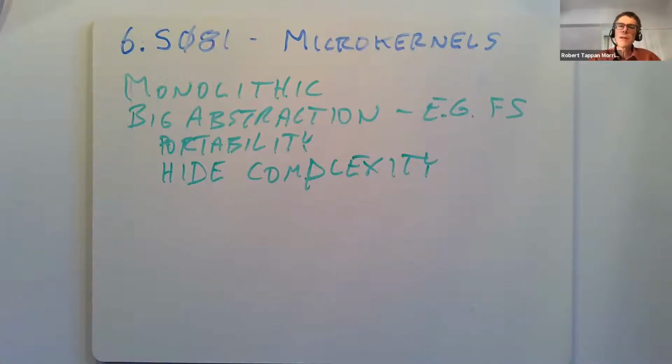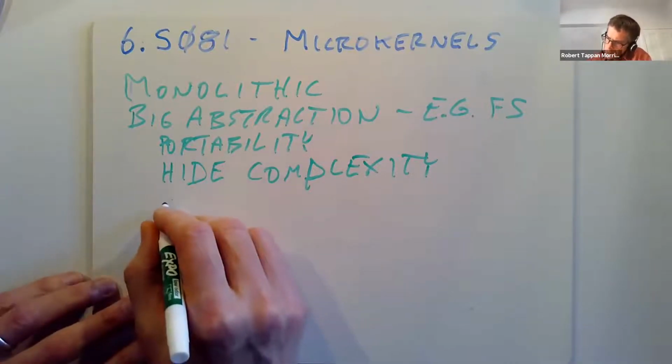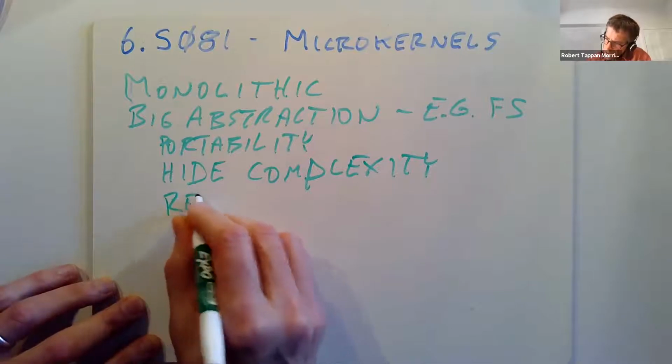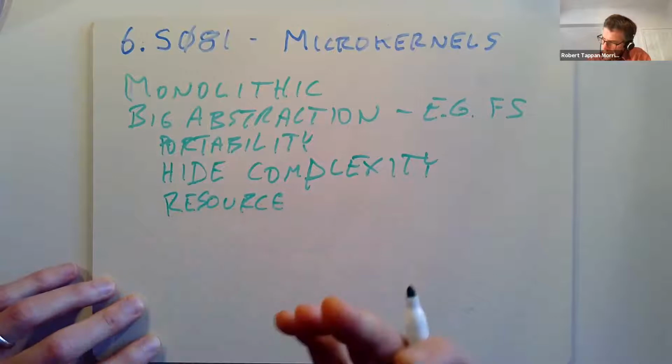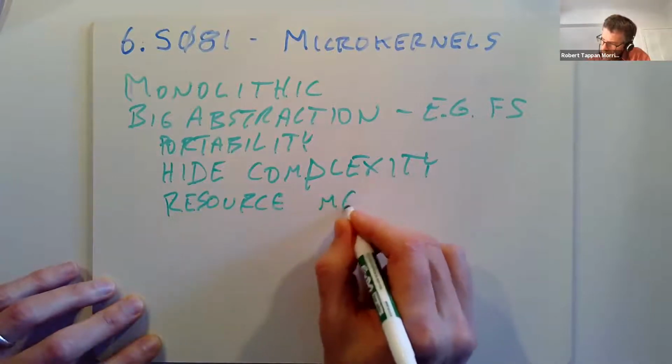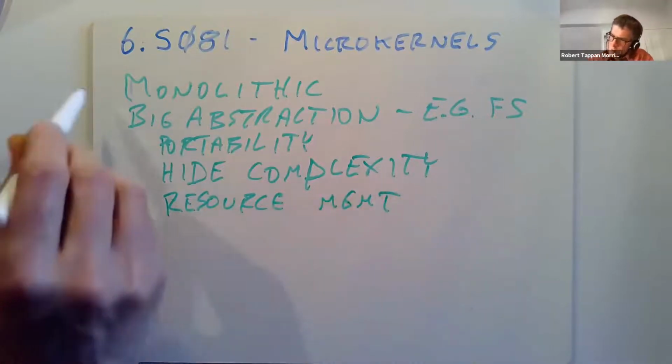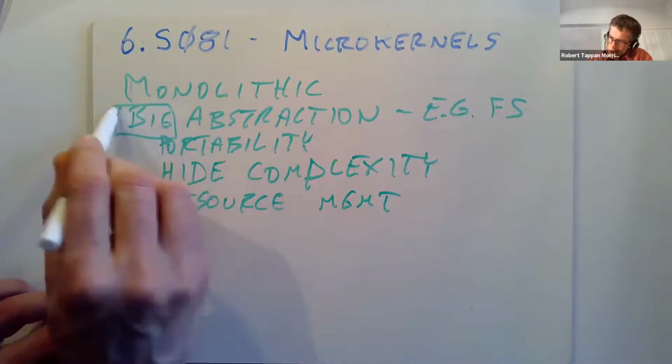It also helps with robustness and security, because if programs were allowed to decide what parts of the disk are free or not, then maybe one program could use part of the disk that's already being used by another program. So the fact that the kernel is in charge of resource management helps with sharing and helps with security. But again, it's a force that causes the kernel to be big.